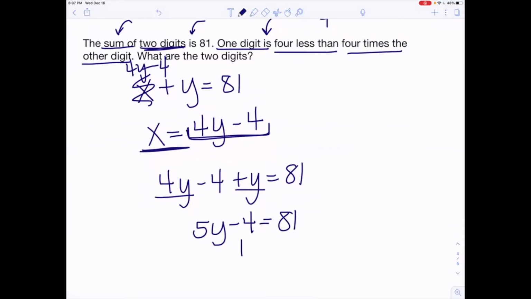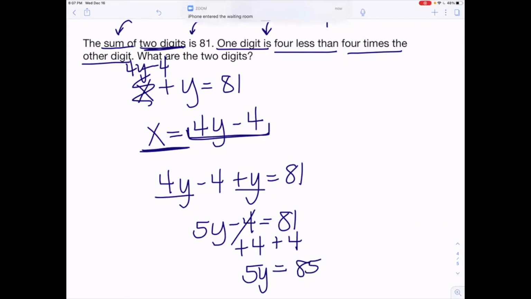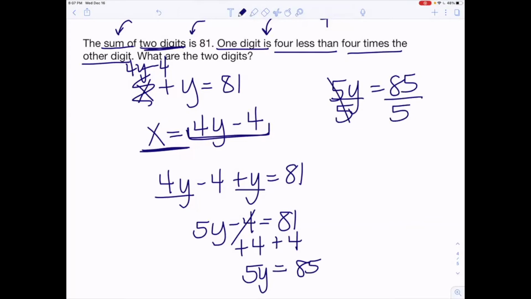I'm going to move the 4 to the other side, which means I have to do the opposite. I get 5y equals 81 plus 4 is 85. And now I'm going to divide by 5. Divide by 5, divide by 5.